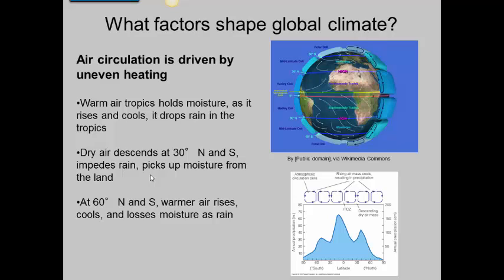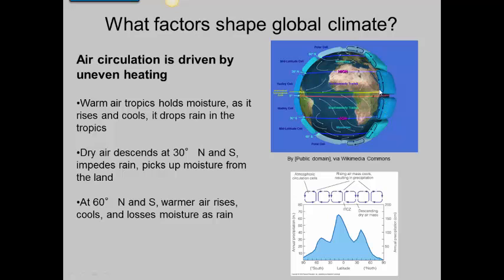And that dry, cold air, when it heats up, when it gets close to the surface of the planet, can actually suck moisture out of the soil and the water bodies on the land. So if we take a look at this graph, we see precipitation peaking at 0 degrees latitude, which is the equator, but at 30 north and 30 south, we see relatively low amounts of precipitation.